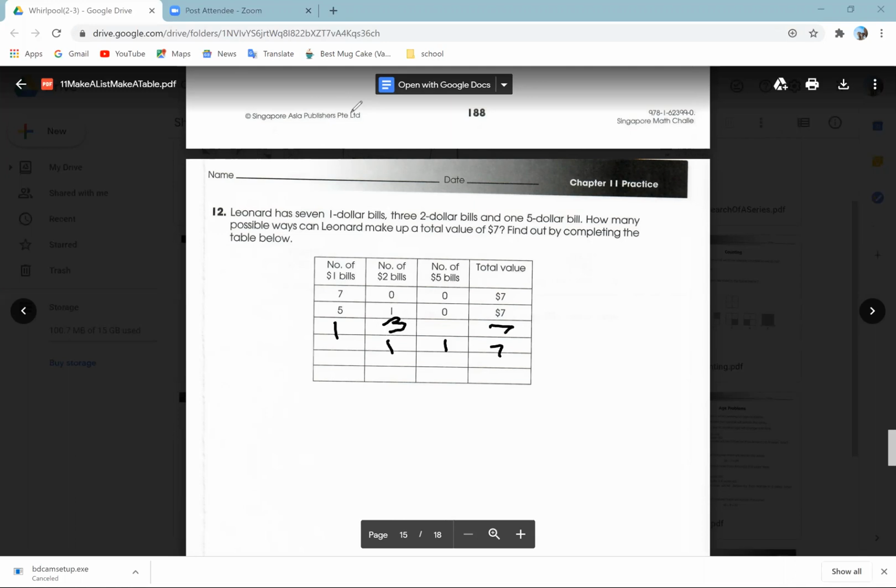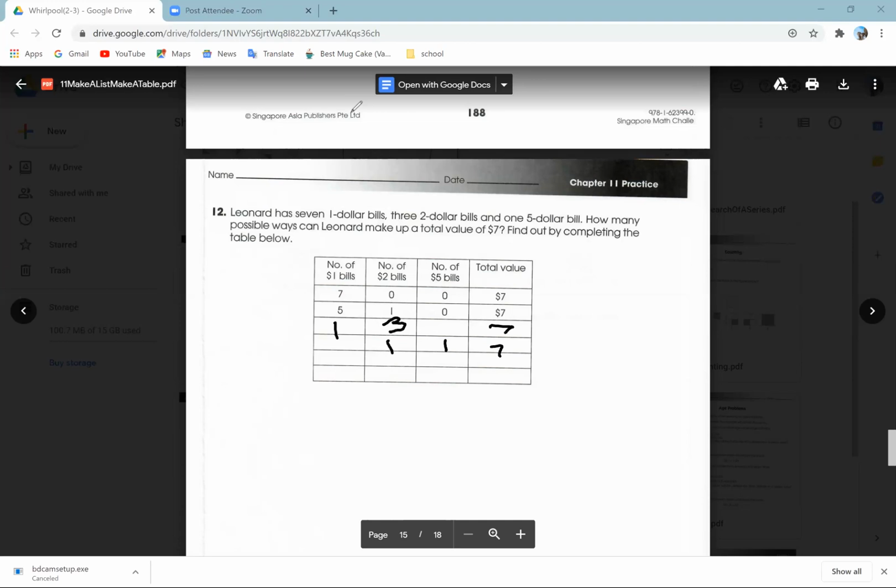We could do, we can also do 4, or not 4, sorry. 1, and then do, so that's 2, 3, 4, 5, 6, 7. 5 of those. Oh, looks like they already filled that one in.